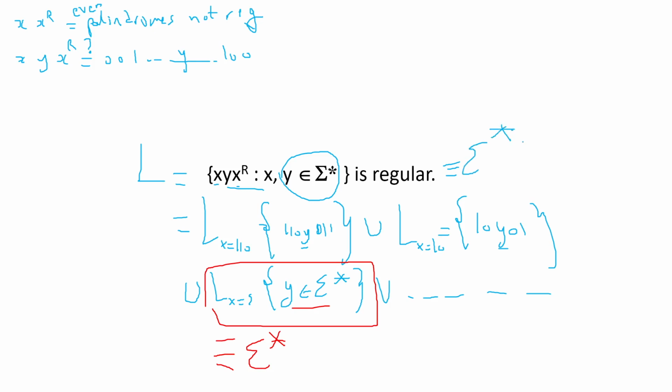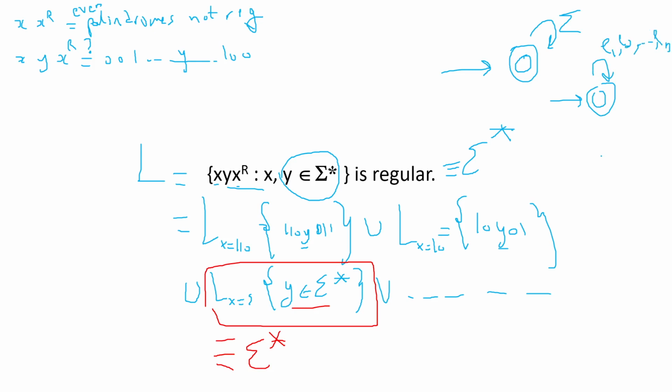And sigma star is obviously regular, because here is a very complex PDA that accepts anything. You just make one state and loop over yourself, and for any symbol in my alphabet, this is not epsilon, this is sigma, I'll just stay where I am and accept.